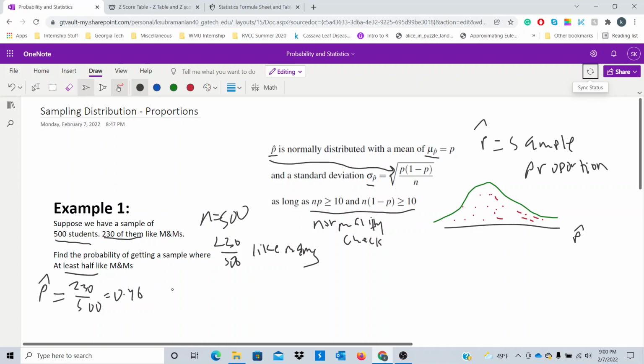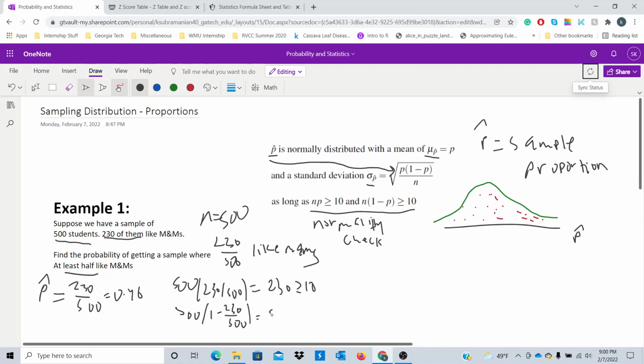Now, before we do anything, we have to check for normality. That's our next step. So we need to test that 500 times 230 over 500, that's going to be p hat, will equal 230, which is greater than or equal to 10. We will also check for n times 1 minus p hat. So that'll be 500 times 1 minus 230 over 500.